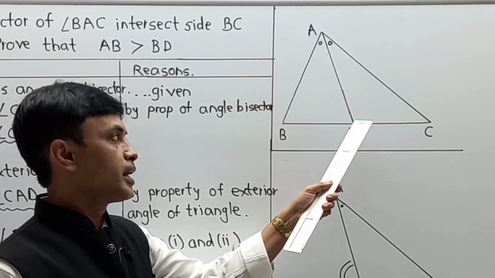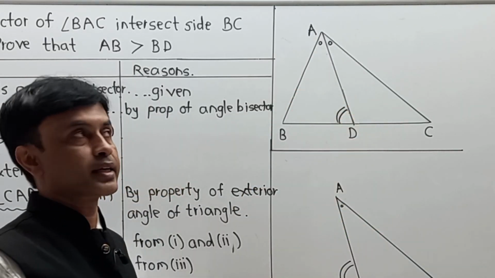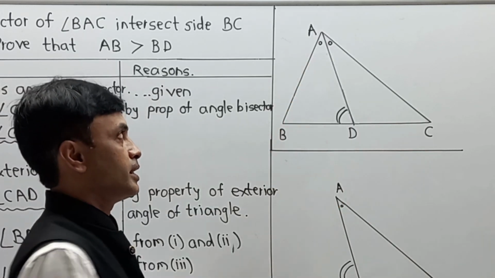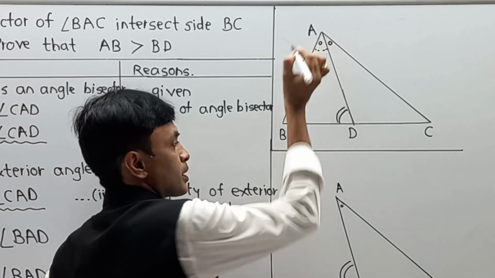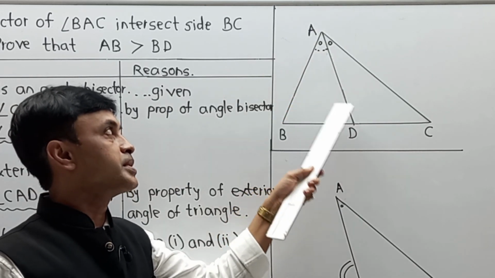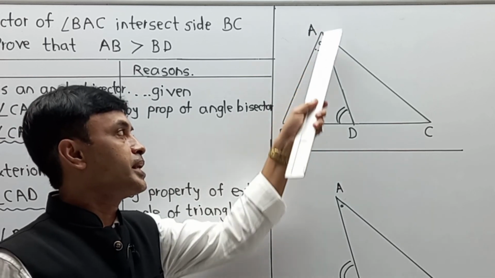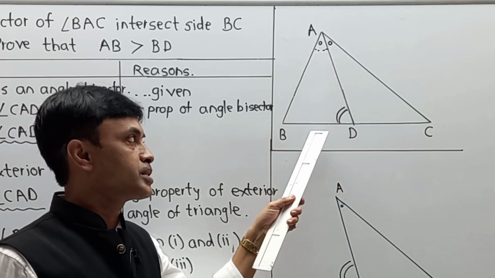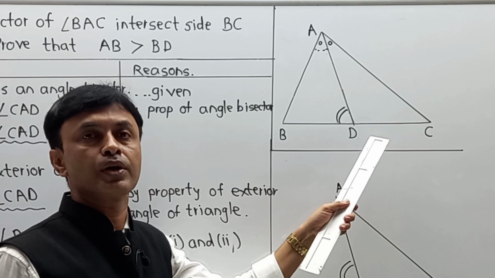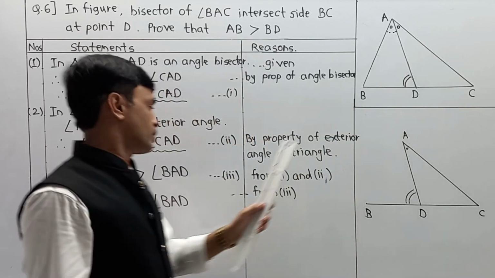Here, angle ADB means this angle is greater than angle BAD means this angle. So if you observe, angle ADB is greater means its opposite side is greater, means AB is greater, and angle BAD is smaller means its opposite side BD is smaller, and that is a comparison we are going to write over here.